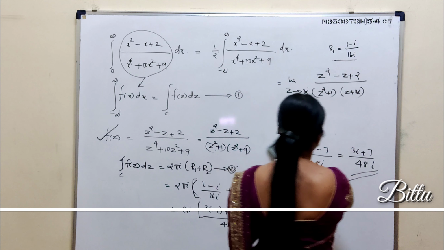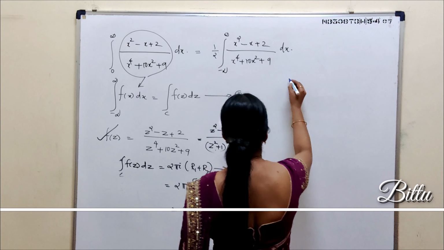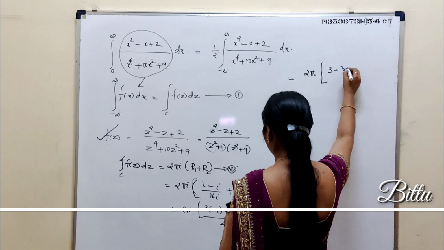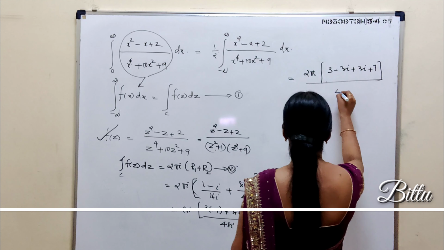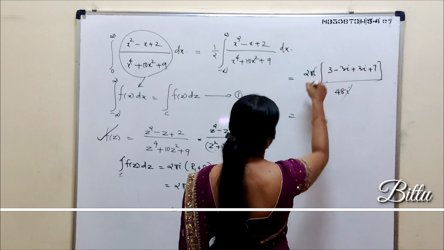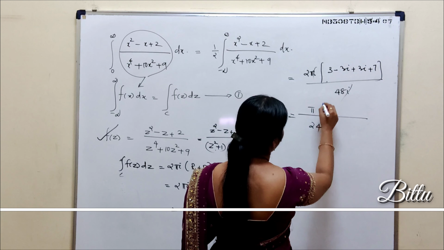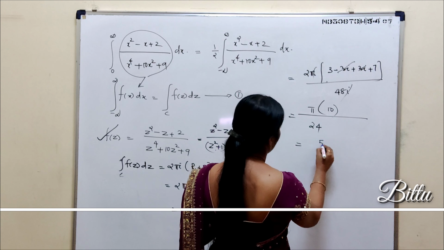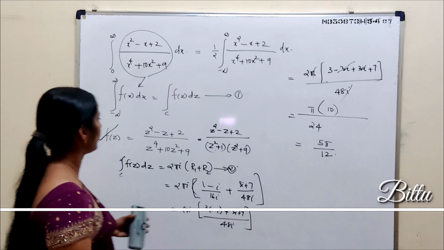And it is 2 pi i into (3 minus 3i plus 3i plus 7) by 48i. That is 5 by 24 into pi times 10. That is 5 pi by 12.